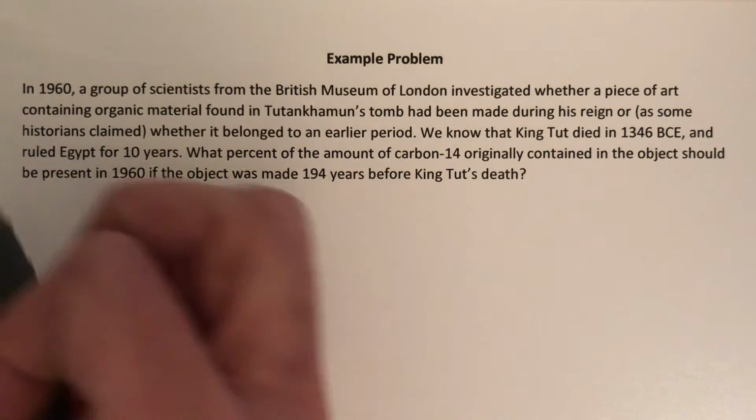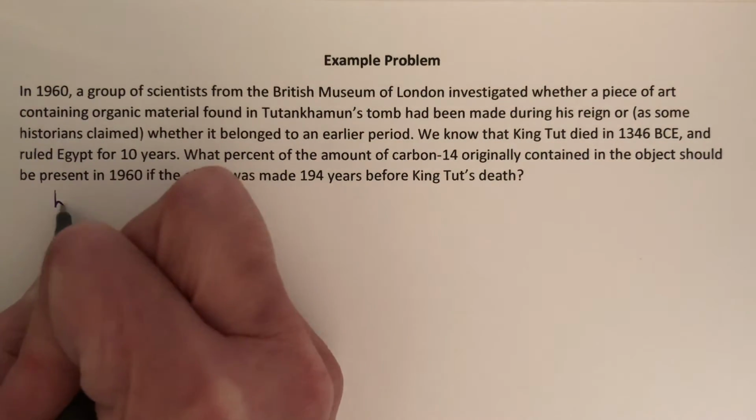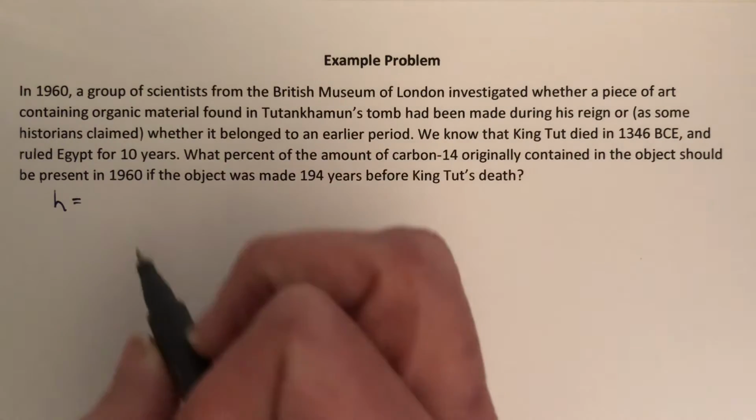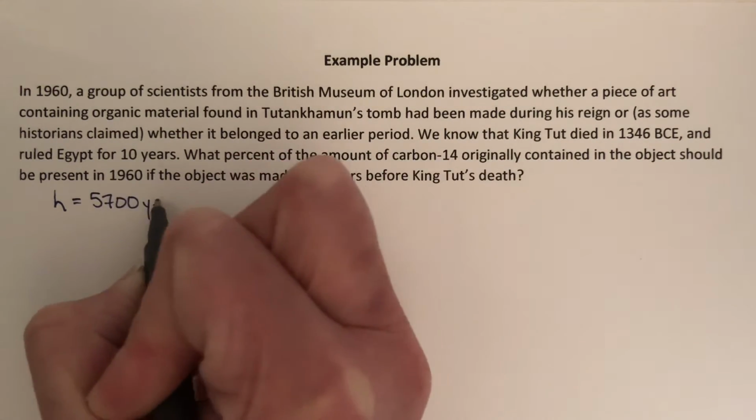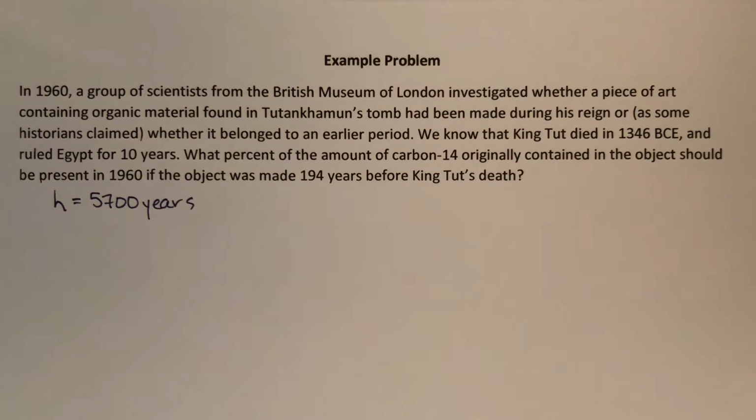Now, I'm bringing this over from the previous page. The half-life is 5,700 years, because that's the half-life of carbon-14. Now we want to find the K value, and I can use the half-life formula for that.